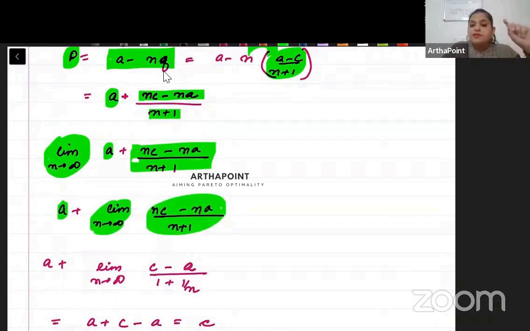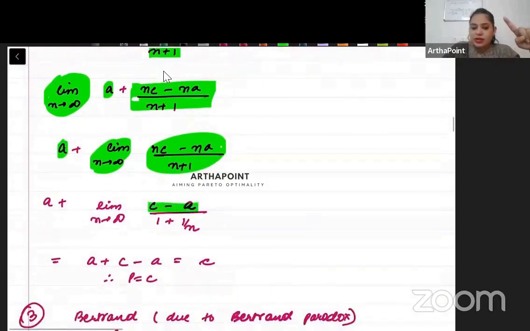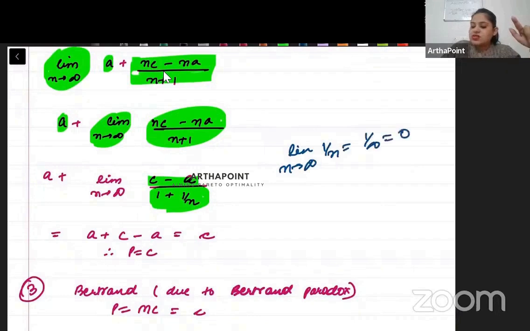Now we know when numerator and denominator have the same highest power, you divide it by that. So I've divided numerator by N and denominator also by N. And then I tend N to infinity. We know that limit N tends to infinity 1 by N is just 0.